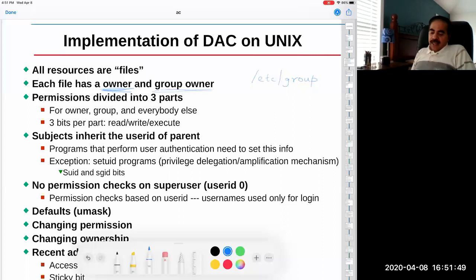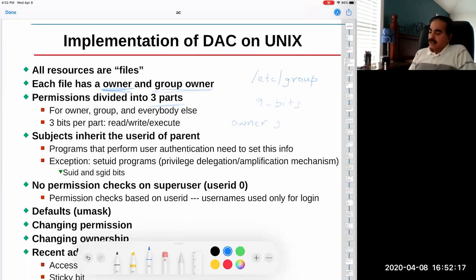Once you have a file, the file permission typically is thought of in terms of 9 bits. The 9 bits are divided into 3 parts, each consisting of 3 bits. The first 3 bits provide the permission for the owner of the file.